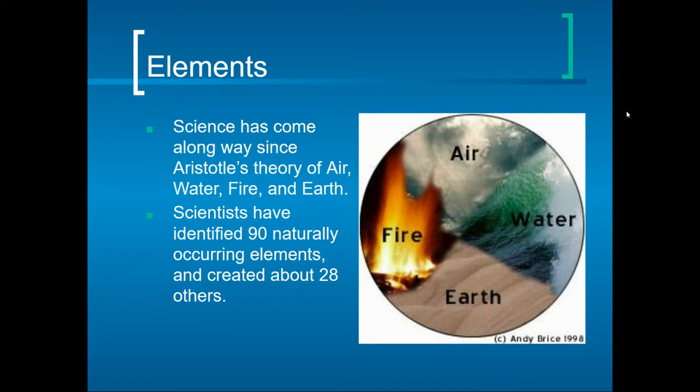Okay? And it's really not that crazy of a thought if you think about everything that each individual during that time period interacted with. It was one of those four or multiple of those four on a daily basis. So it only made sense to them to think that everything was made up of one of those. Okay? Those elements gave life, and they did understand that.